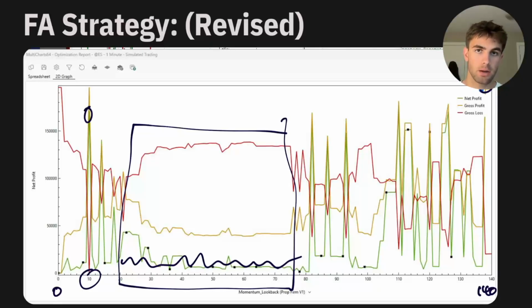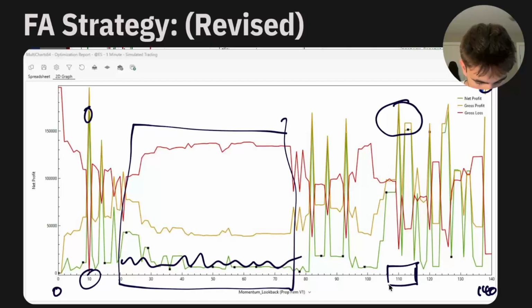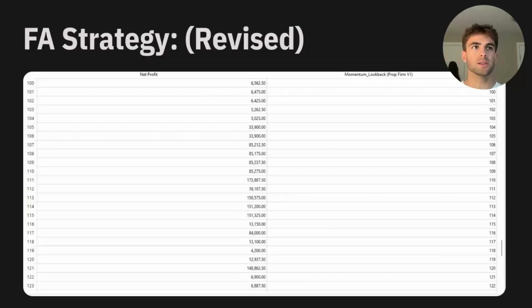The range that appeared most robust to me is over here in this 108 to 114 range. We seem to have the most iterations with a high net profit. We can see this again here. So a lot of them were ending up around this 6,000, 5,000 range for the net profit.